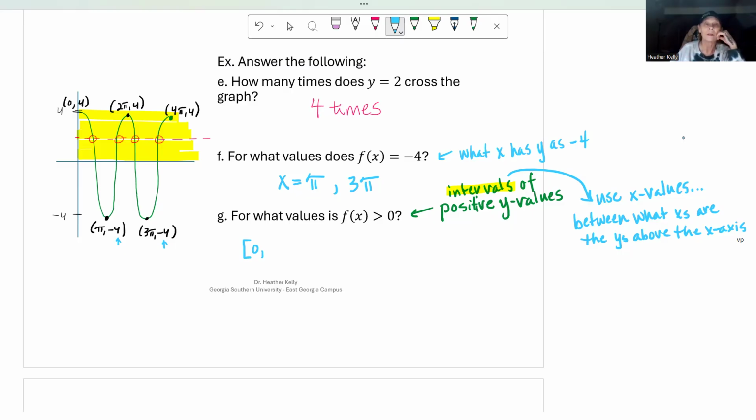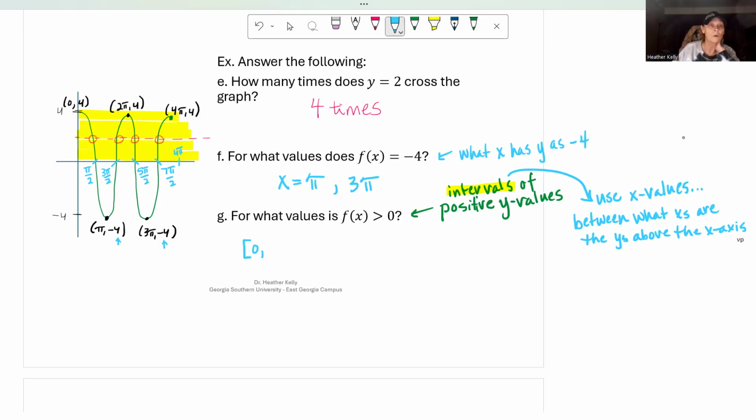So then where's our next value here? Remember, it was pi over 2. This guy was 3 pi over 2. We were at 5 pi over 2 and 7 pi over 2. And then this is 4 pi right here.